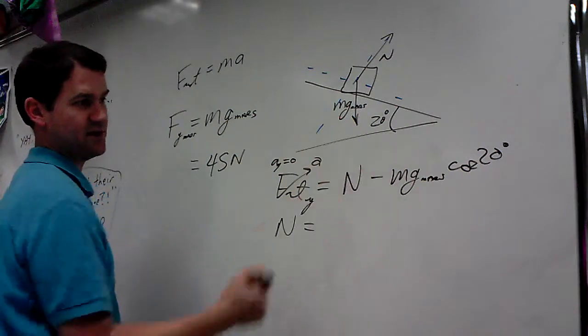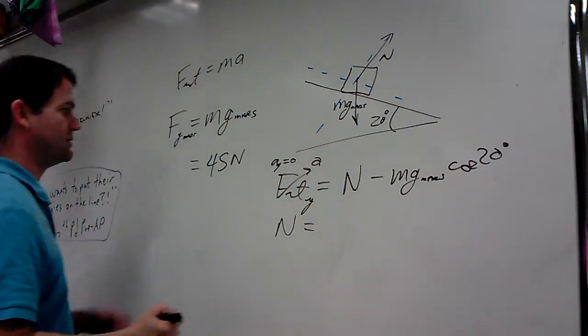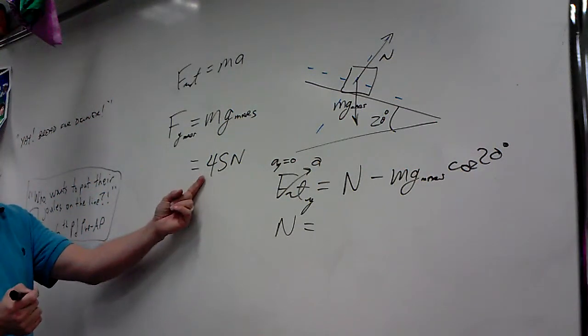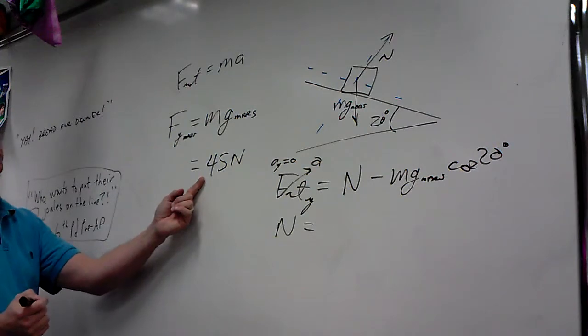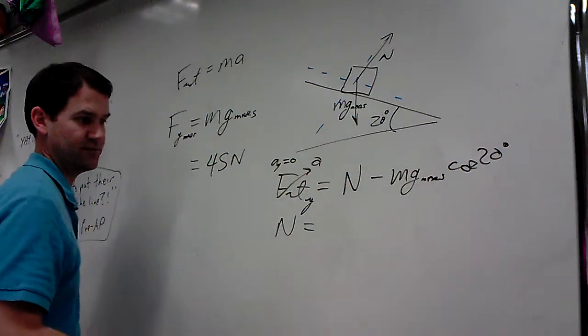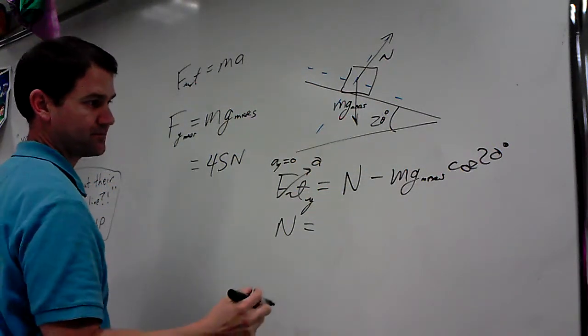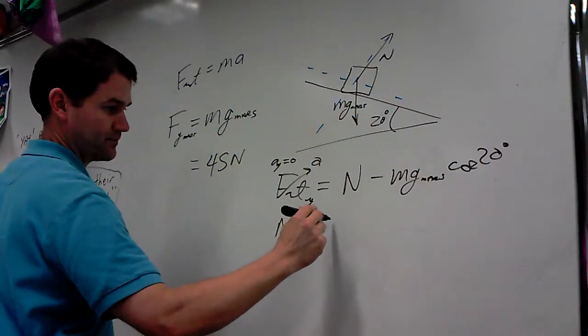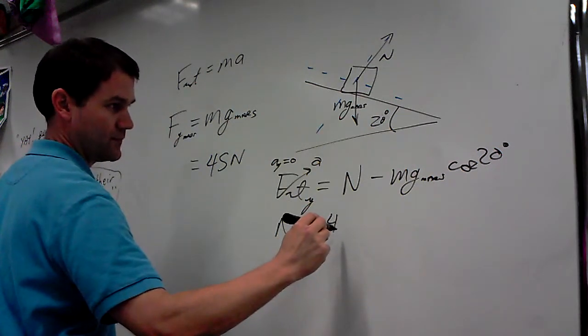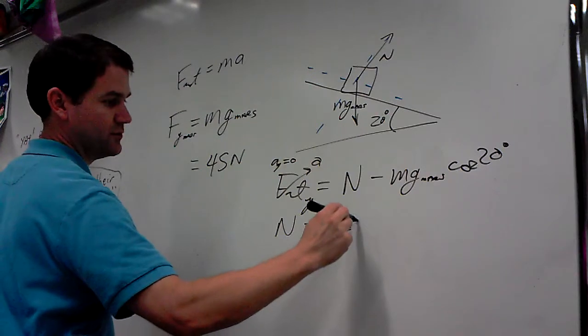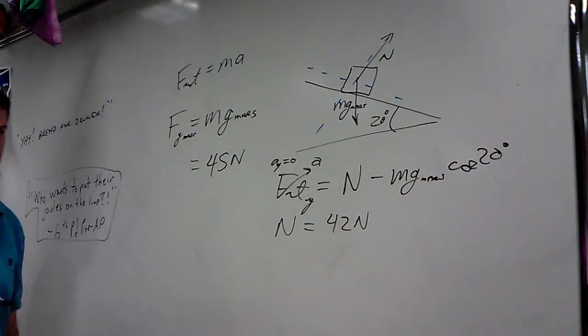So n equals mg Mars cos 20. Well, we just found that mg Mars is 45 newtons. So 45 newtons times cos 20, 42. Yes, 42. So the minimum normal force is 42 newtons.